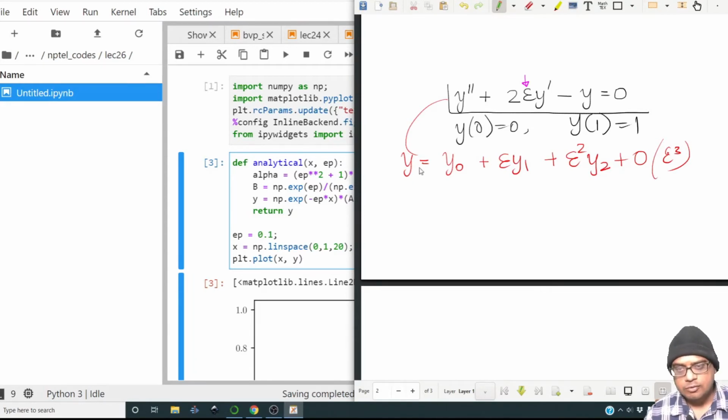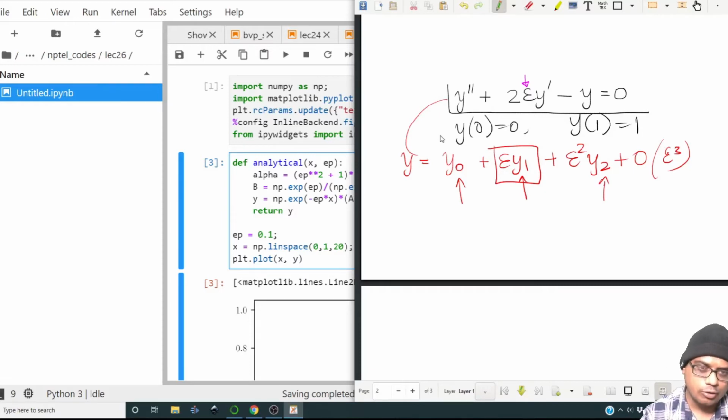And the fact that we could write the solution in this particular form automatically assumes that each of these terms, y0, y1, y2, are of order 1. So the order of this entire term is not governed by the order of y1, y2, y3 and so on, but it is governed by the prefactor epsilon, right? So the order of magnitude of this is expected to be order epsilon, not order epsilon square or something.